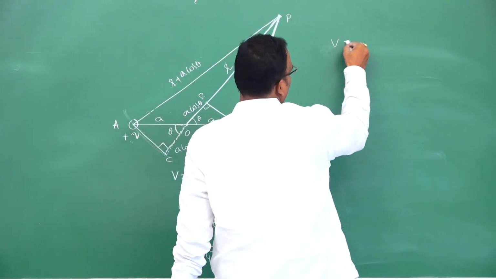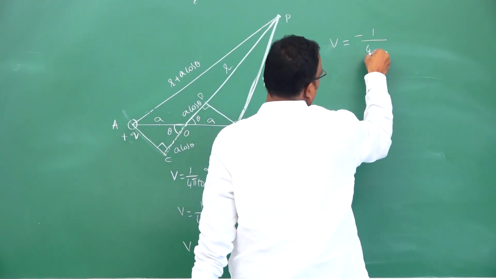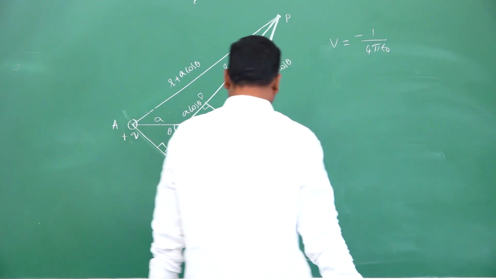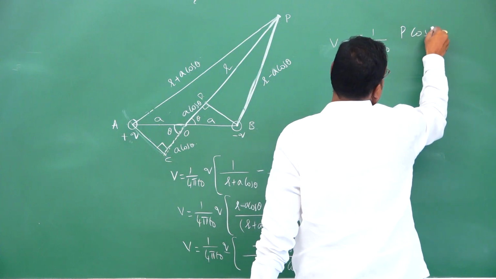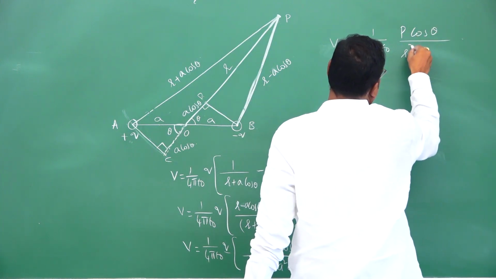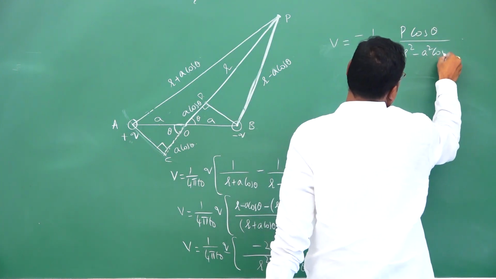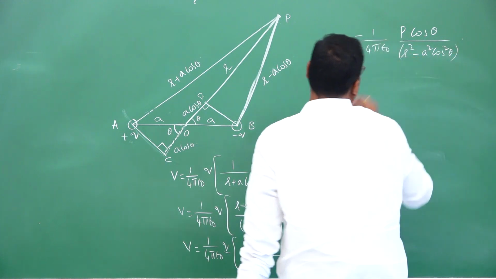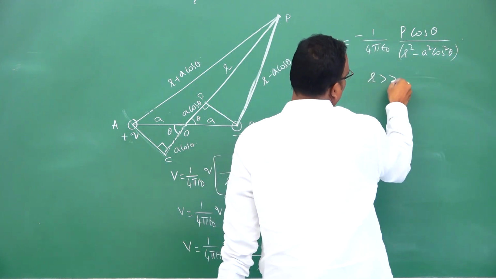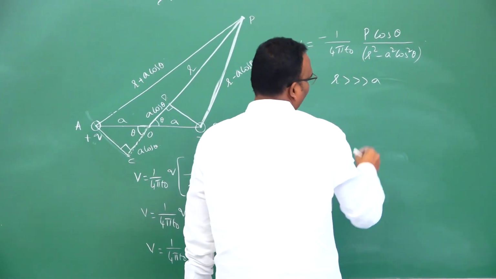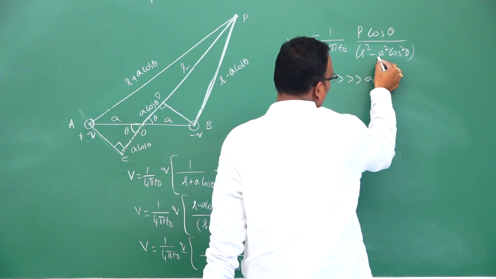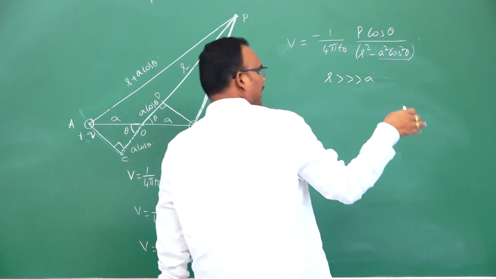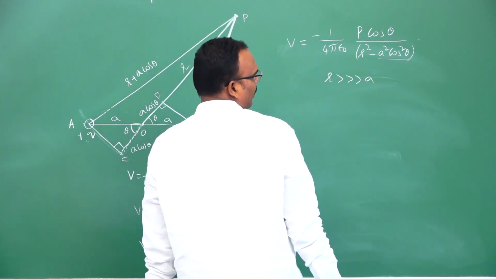See here, Q into 2A can be written as a dipole moment. So potential V is equal to minus 1 by 4 pi epsilon naught P cos theta divided by R square minus A square cos square theta. See, if R is greater than A, A square can be neglected. Compared to R square, A square cos square theta is further small.